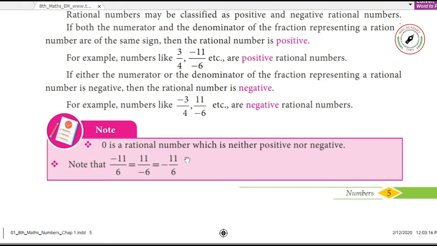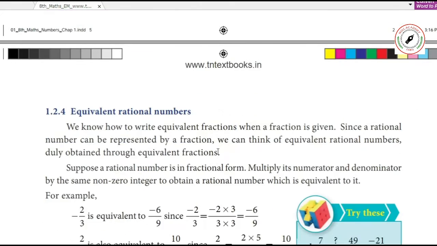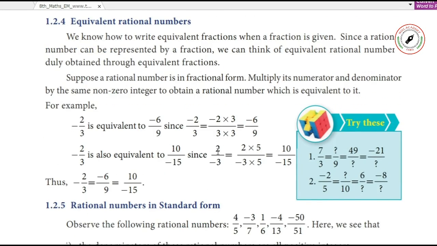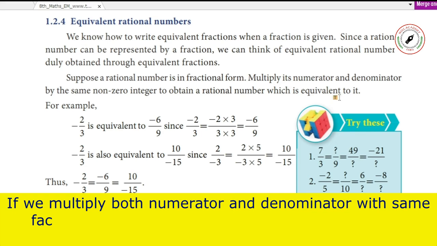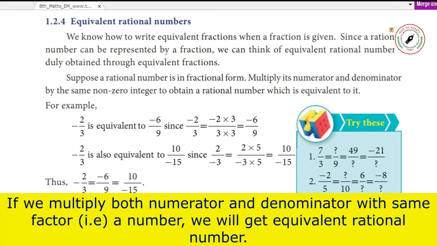Then you come to equivalence of rational numbers. What is an equivalent rational number? We know how to write an equivalent fraction when a fraction is given. Just multiply with one factor, on both numerator and denominator.